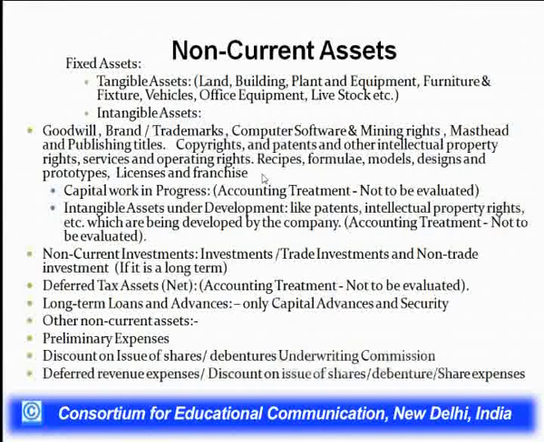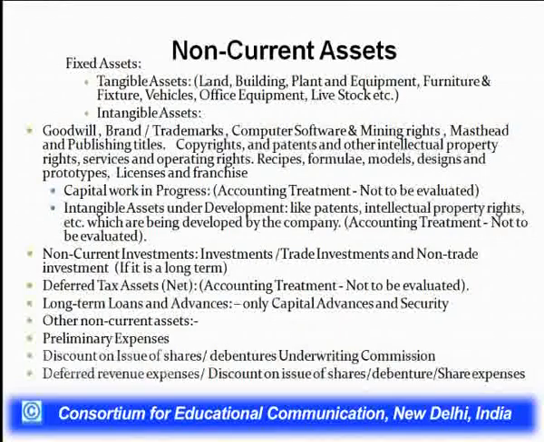So there are so many things to be taken under intangible assets. Whatever number of intangible assets a company is using, they need to put them separately in notes, and then club them together and show as one value under intangible assets.